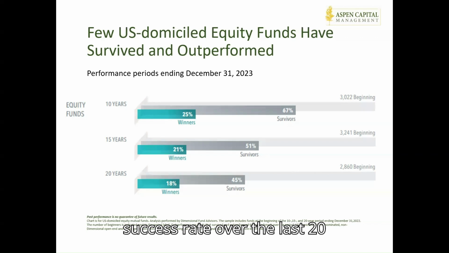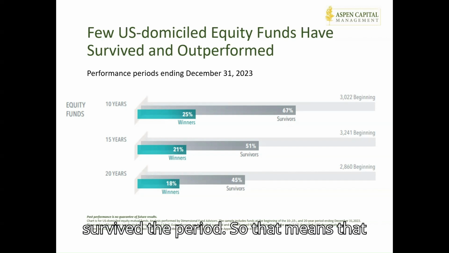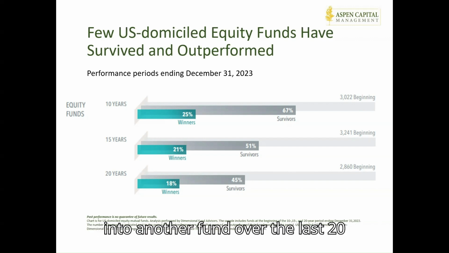If you look at their success rate over the last 20 years, you'll see a little less than half of those managers actually survived the period. That means that their fund was either closed or merged into another fund over the last 20 years, almost always because of poor performance.